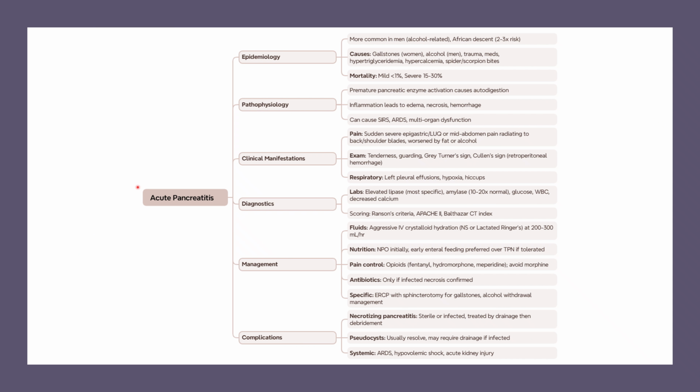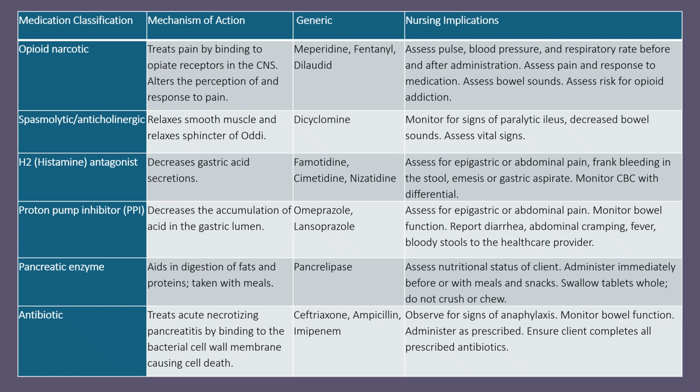Acute pancreatitis, this is a concept map, includes epidemiology, pathophysiology, clinical manifestation, diagnostics, management, and complications. This is a table of medication that I said earlier about acute pancreatitis.